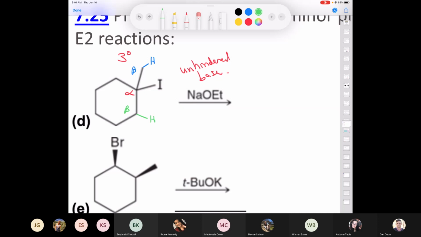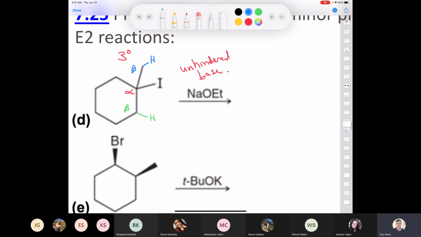So I see the carbon in blue is less hindered, right? Because it's just kind of hanging out there. It's only attached to one more carbon, whereas the carbon in green is more sterically hindered.